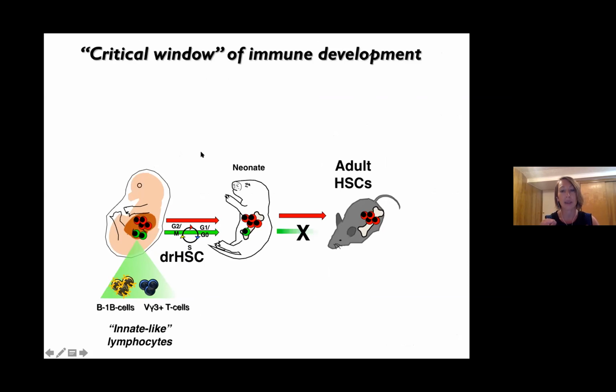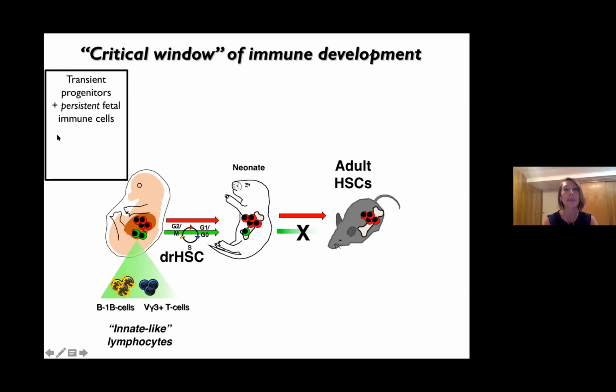So coming from that work, the way that we have now conceptualized this is as a platform to study what we refer to as a critical window of immune development. What I mean by that is that we have identified a specific transient progenitor that we know disappears sometime in the postnatal period, that is responsible for generating subsets of immune cells that persist across the lifespan.